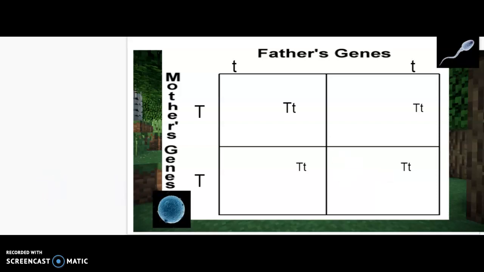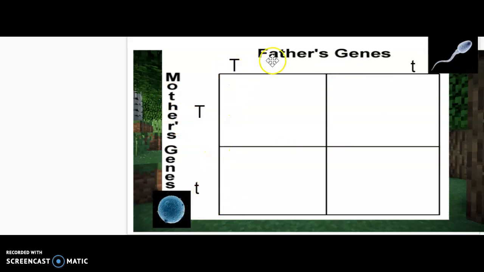So if we change it up a little bit, say now the father is a hybrid, because he has big T, little t, okay? The mother also has big T, little t.